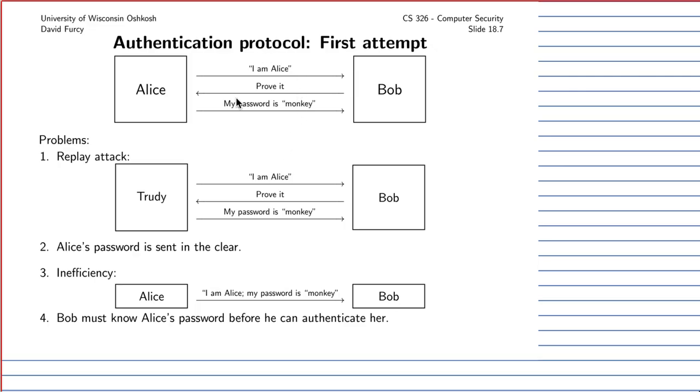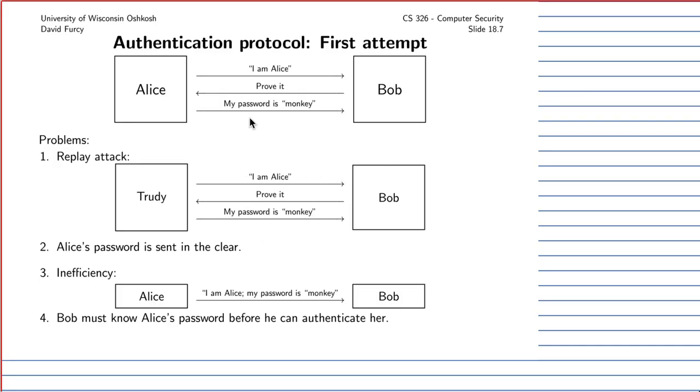In fact, this complete interaction between Alice and Bob will be identical every single time that Alice wants to authenticate to Bob. And so what that means is if the intruder is capable of capturing the two messages that Alice sent to Bob, then nothing prevents her later on, Trudy that is, to impersonate Alice and just go through that exact same protocol.